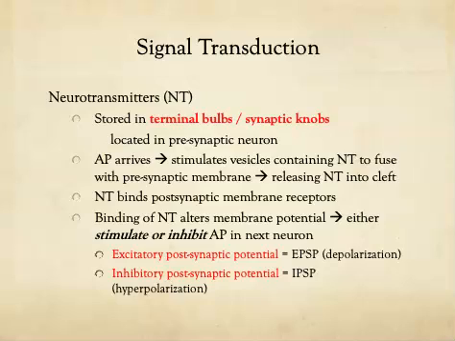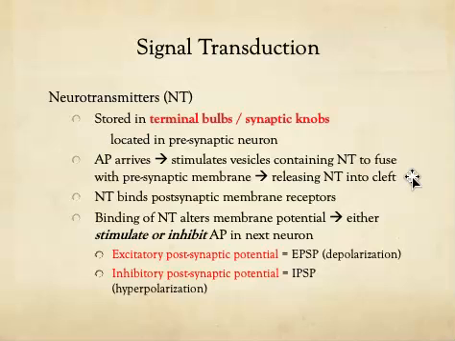So the transduction event happens when the action potential travels down the membrane of the axon, and we're going to see the vesicles containing the neurotransmitter move forward and fuse with the presynaptic membrane, similar to what we talked about for exocytosis. The vesicles are going to fuse with the membrane, the presynaptic membrane, and they're going to release the neurotransmitter out into the synaptic cleft.